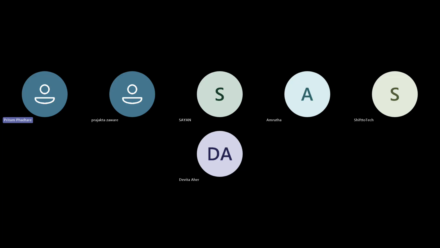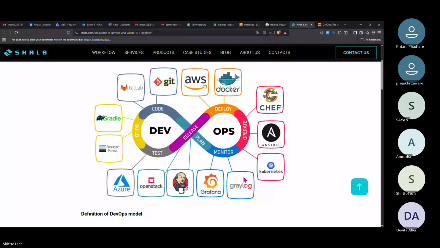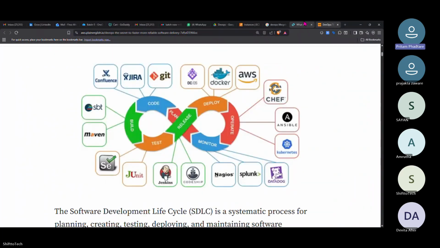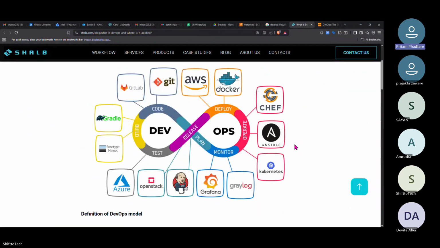Then comes the fourth phase, which is the test phase. Now, what happens under the test phase? Your application code is generally tested under multiple environments, like pre-prod, prod, development, and testing environments. These are the types of environments in which your application is deployed and running continuously.